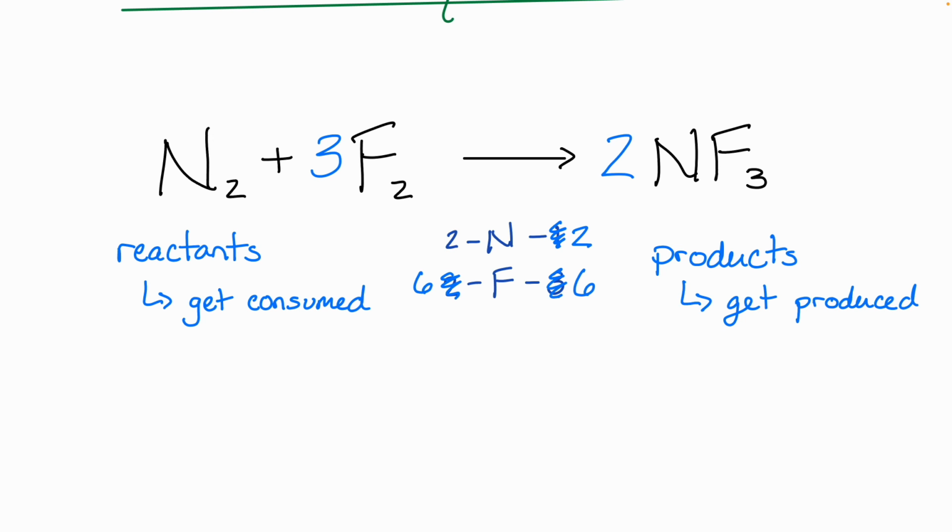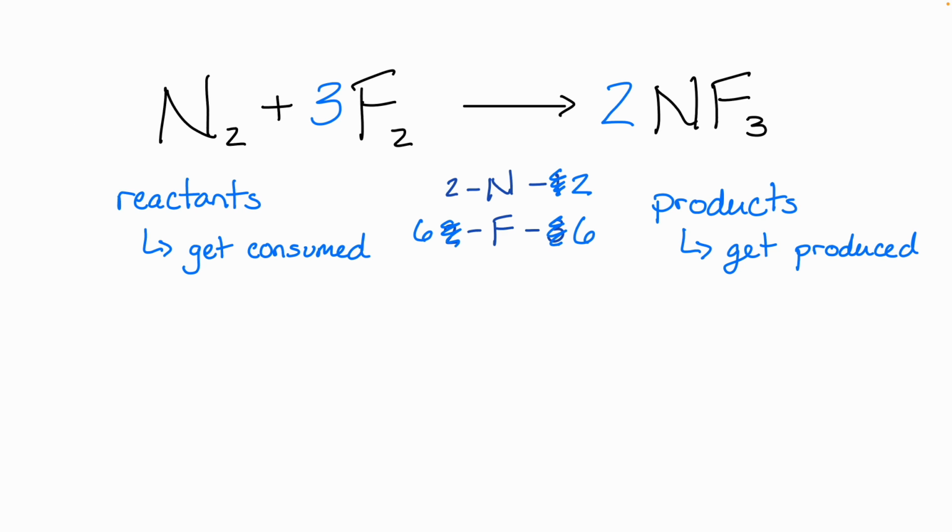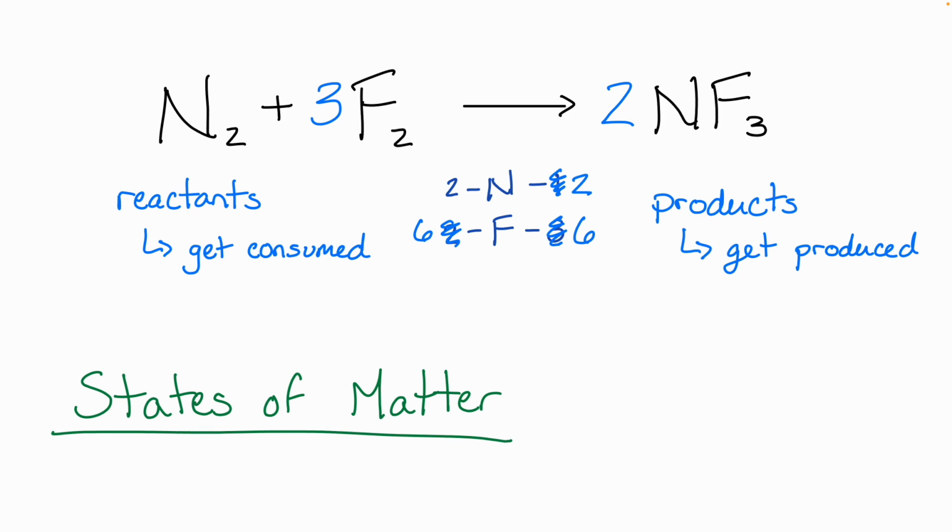What's missing is what's called the states of matter of these compounds. Okay, so next to nitrogen gas, if we were being good in our chemical equation, there would be this little G here. Same thing with fluorine and nitrogen trifluoride.